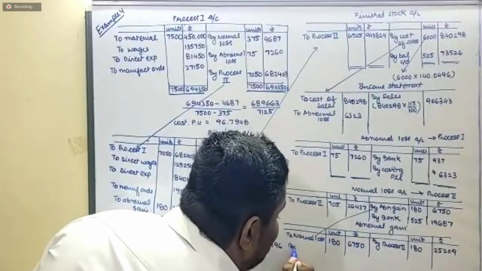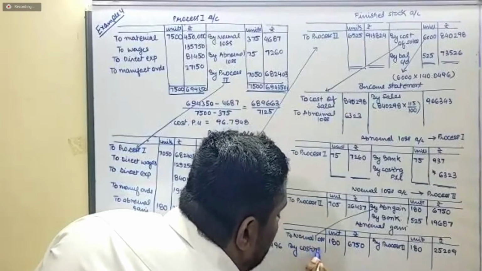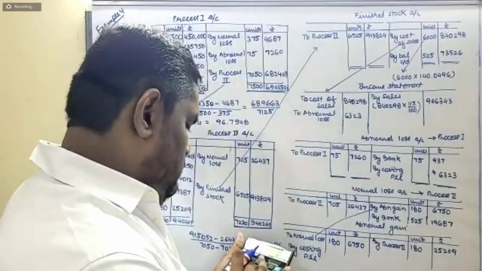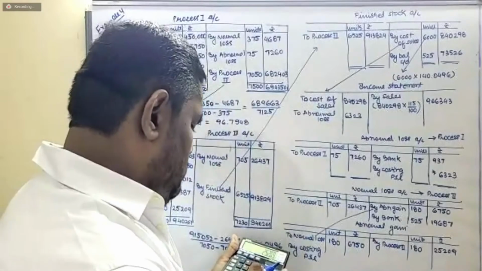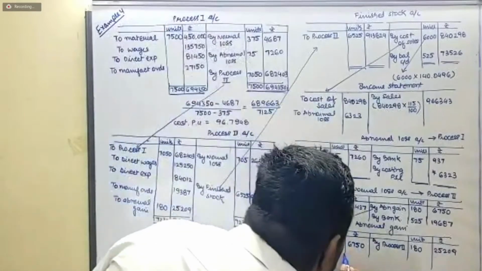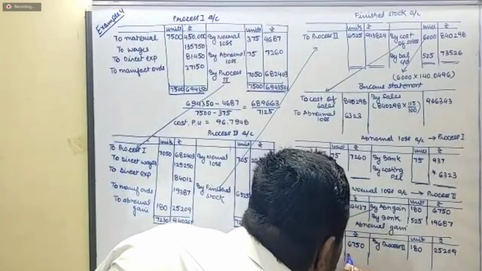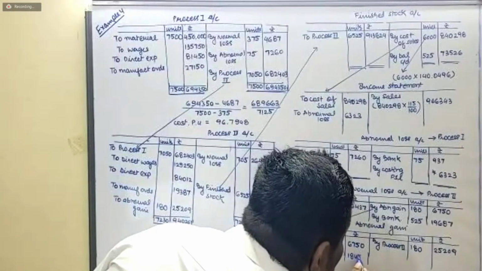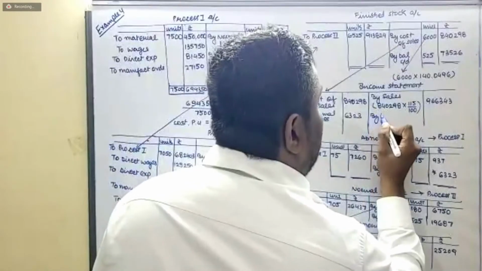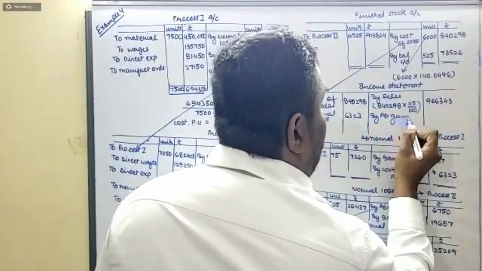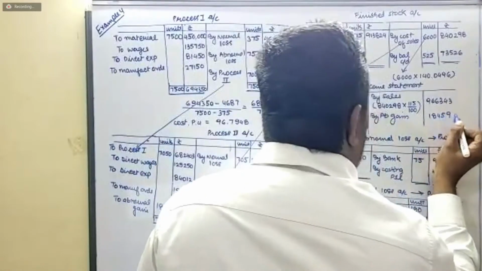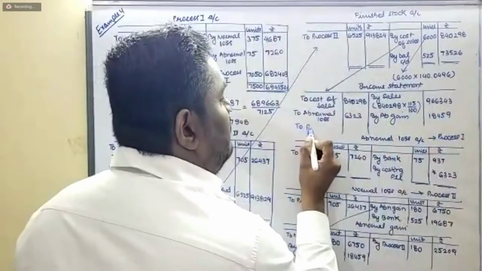And the balance will be transferred to costing P&L, that is 18459. So on the credit side of costing P&L, by abnormal gain, so the balance will be my profit.